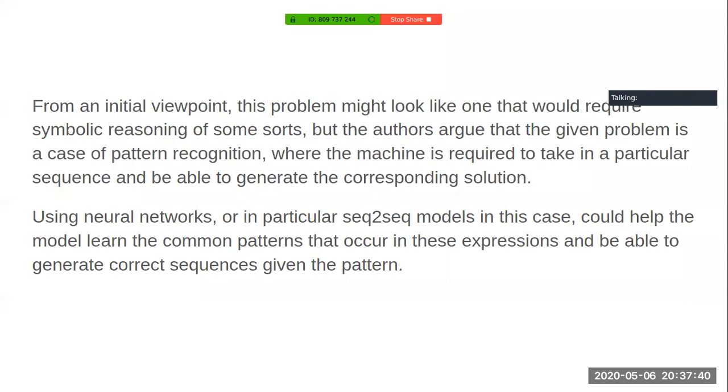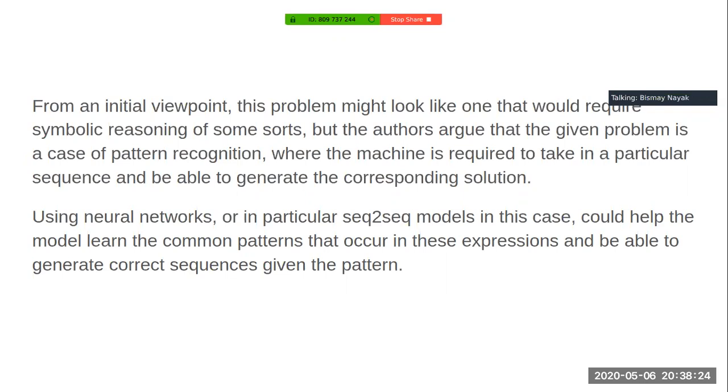And this particular framing of the problem makes it sound more like a sequence to sequence problem, like those used in machine translation. So when we translate a sentence from one language to another language, or create an answer for questions, the machine is generally just seeing what kind of pattern is there in the source sequence, and generating some kind of sequence that should be valid for the provided sequence, right?